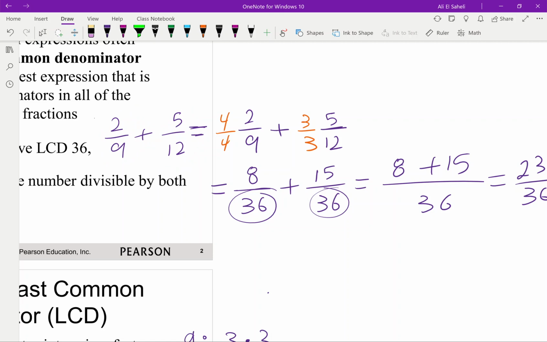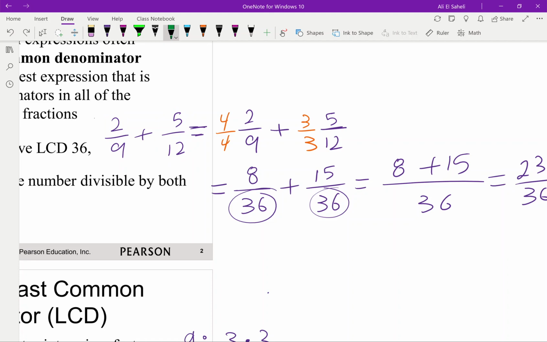We decided that the least common denominator is 36, so we want to change this into 36 and this into 36. Both of them should become 36 because we want a common denominator in these two rational expressions.